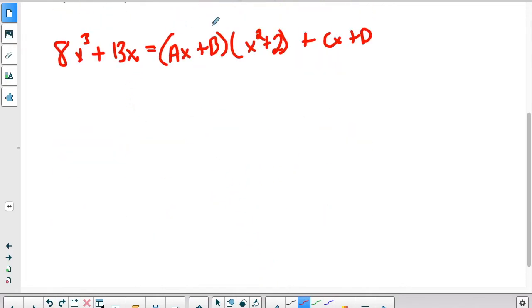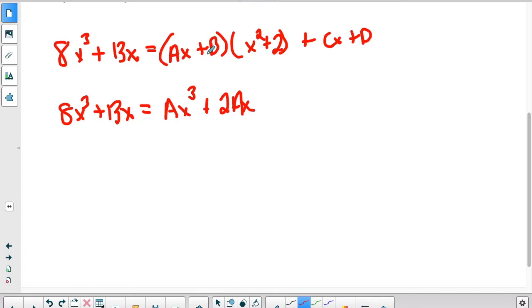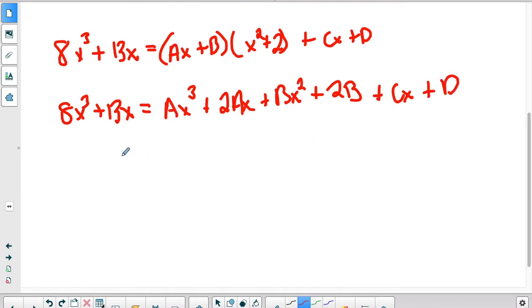Now what we'll do next is distribute here in the middle. So 8x cubed plus 13x does not change. Ax times x squared gives me ax cubed. Ax times 2 is plus 2ax. B times x squared is plus bx squared. B times 2 is plus 2b, plus cx plus d.